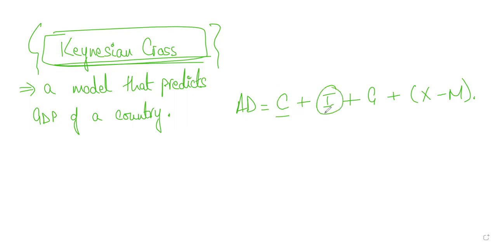Now, what is investment? Pakistan's investment includes all the spending made by the firms on capital goods. When they expand their production facilities, when they buy new technology, that is the amount spent on capital goods, the entire investment of Pakistan. We already know this through AS, but we are revising it.